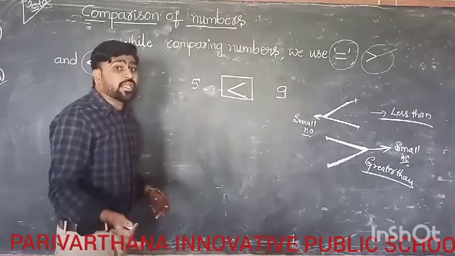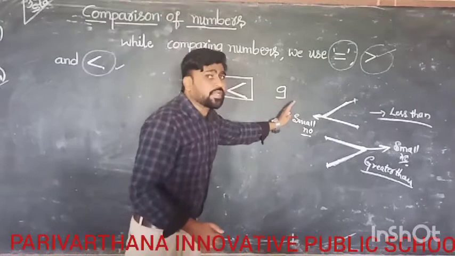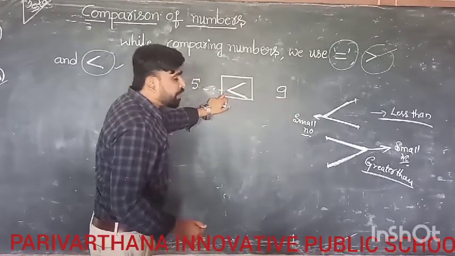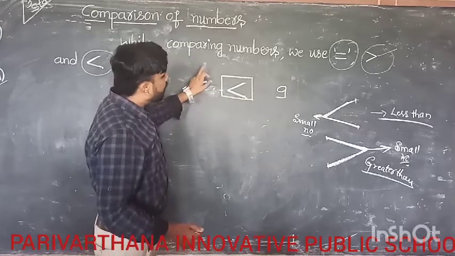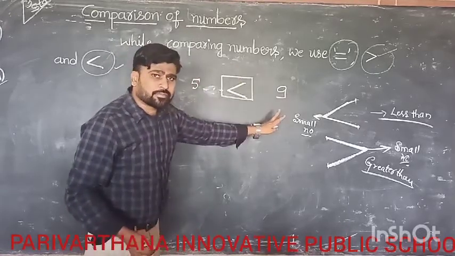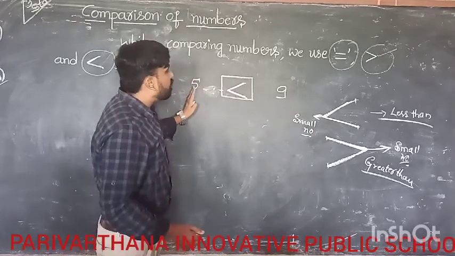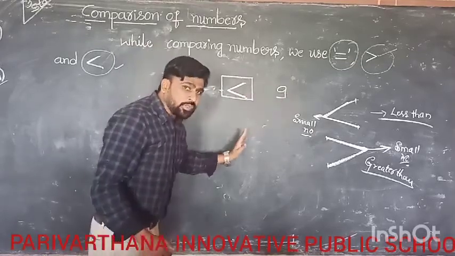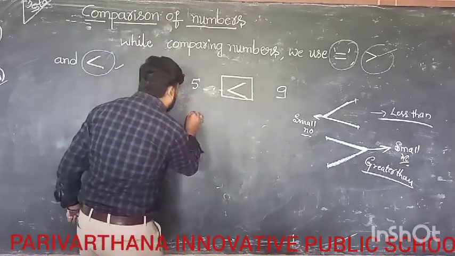Other than equals, here 5 is the small number and 9 is the big number, so the sharp edge must point towards the small number. That means 5 is less than 9, that is, 5 is smaller than 9. I will give another example, a 2-digit number.